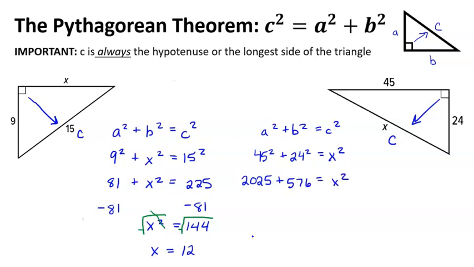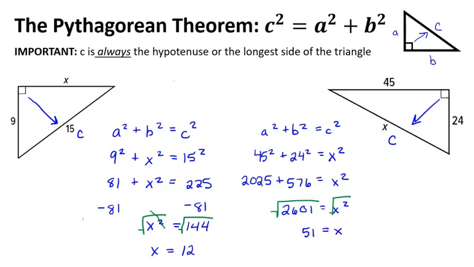When I add these two together, I get 2601 equals x squared. And then from here, I'm going to take that square root. And for this one, it's going to be 51.